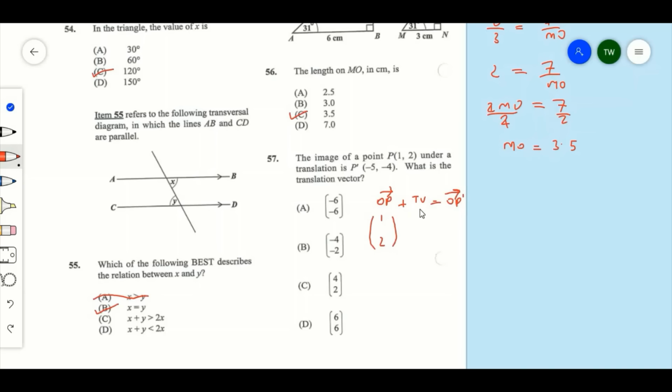Let's say that the translation vector is going to be X, Y, because we don't know it. And it's going to equal the image vector, and as a column vector, it's going to be -5, -4.